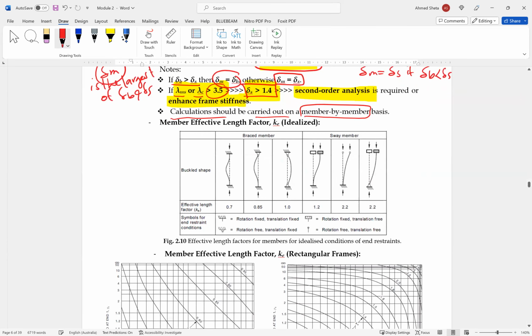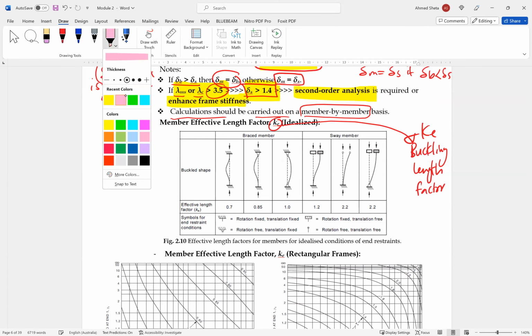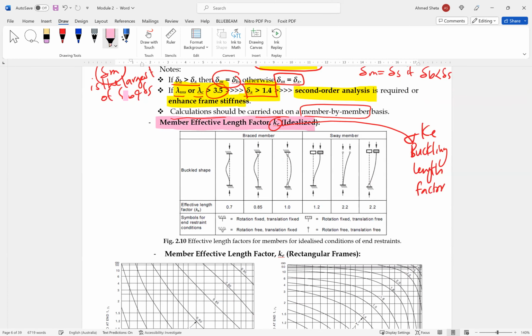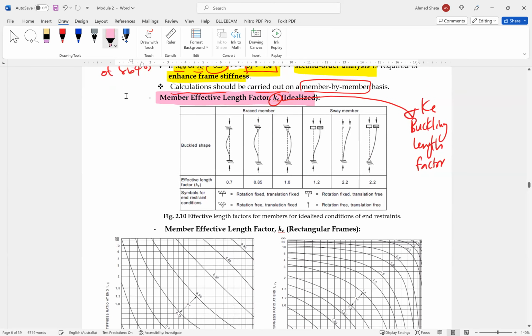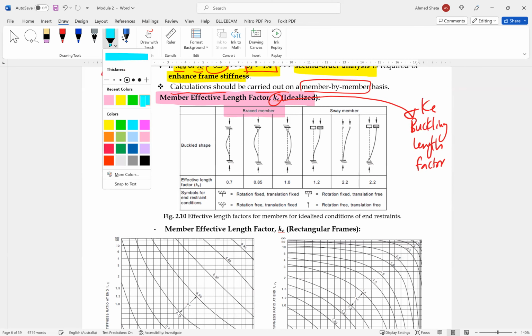One of the parameters we need to know for this calculation is KE, or buckling length factor. We have two methods of calculating KE. The first one is the idealized KE, which is for ideal conditions. In this, we have two types, braced and unbraced or sway.